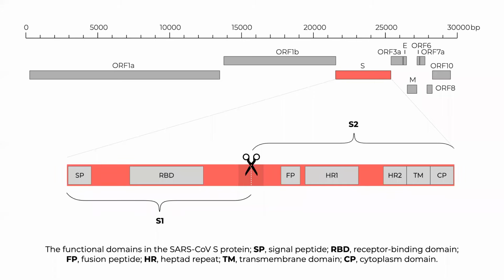The spike glycoprotein has several different functional domains. These are the signal peptide, the RBD, or the receptor binding domain, FP, which is the fusion peptide, HR, the heptad repeats, there are multiple ones, TM, which is the transmembrane domain, and the CP, cytoplasm domain.